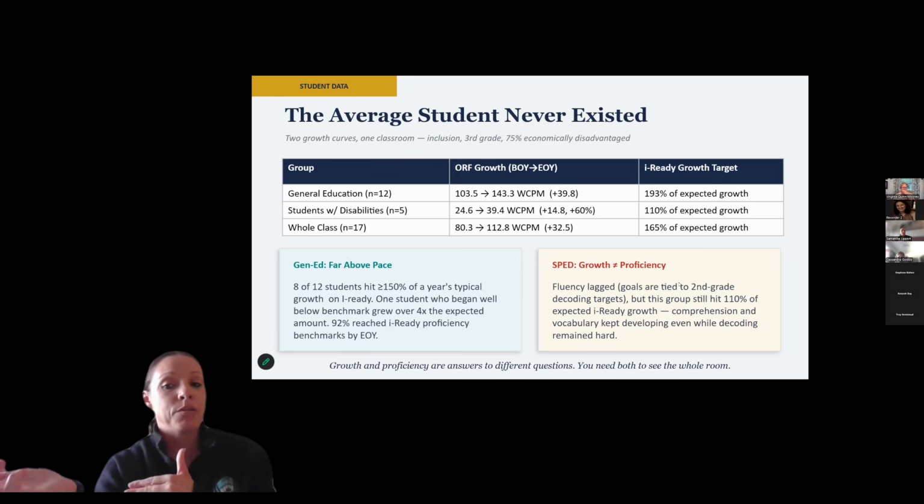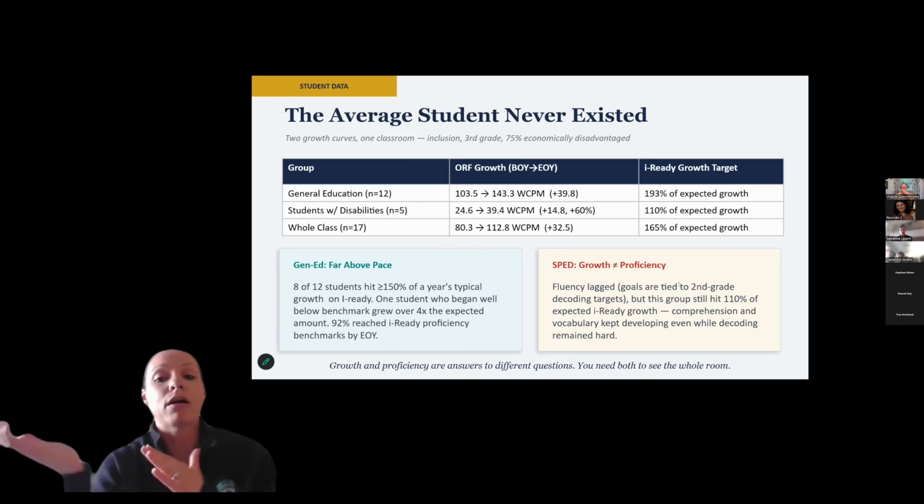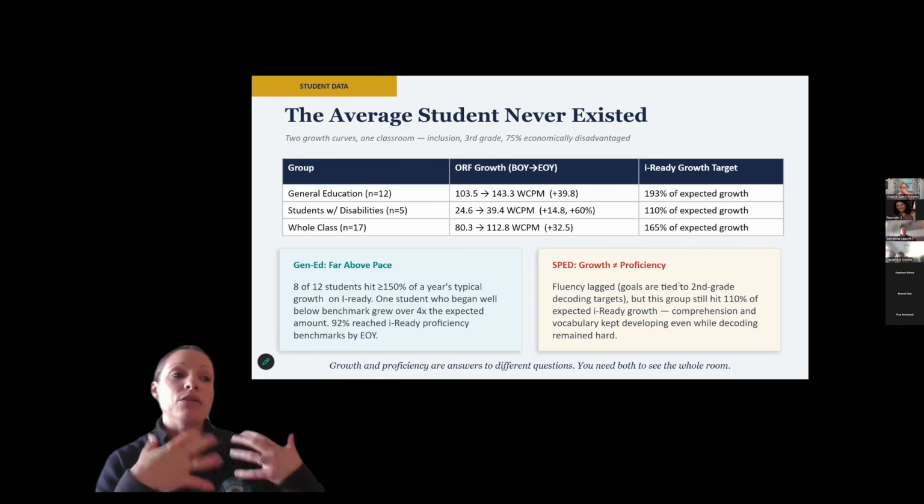Their iReady, they grew 193% of their expected growth. My identified students had about a 14, 15 word per minute gain, and then they grew about 110% of their expected growth on iReady.